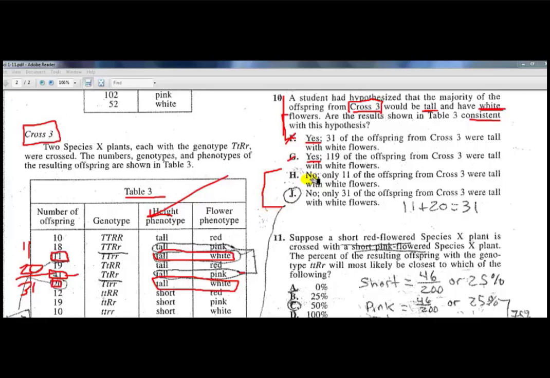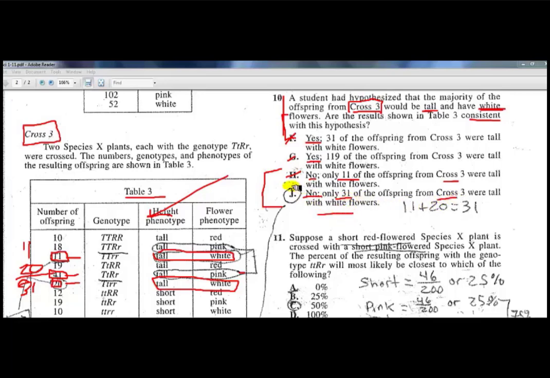H says no, only 11 offspring from cross 3 were tall with white. You know that that's wrong, because here is 11, but also we see here is 20. Tall white, tall white. 11 and 20 makes 31, so that is wrong. Answer choice J says no, only 31 offspring from cross 3 were tall with white.